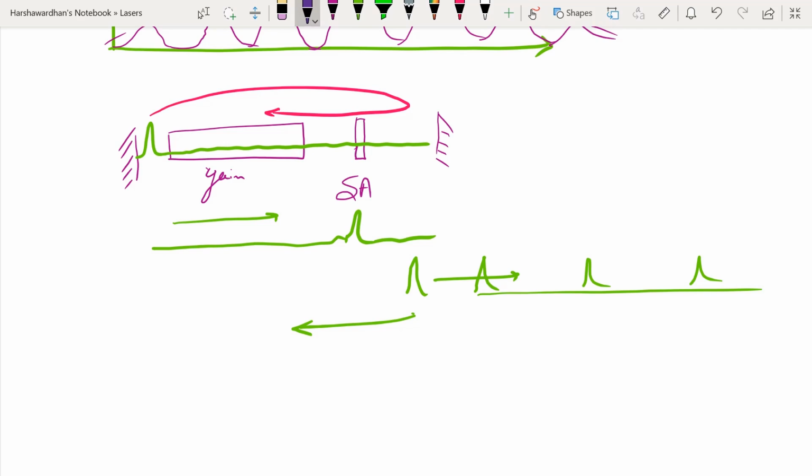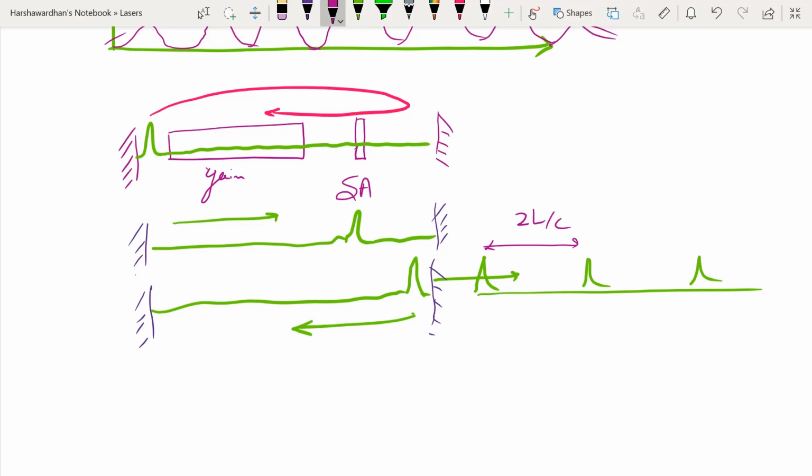So this is what I mean. I'm just redrawing the cavity multiple times. Essentially you will see that there is very little light except for what is there in the pulse itself, and hence the output pulses come out at 2L by C. That is the period with which the output pulses will come out, because that is the round trip time of this pulse going around within the cavity.